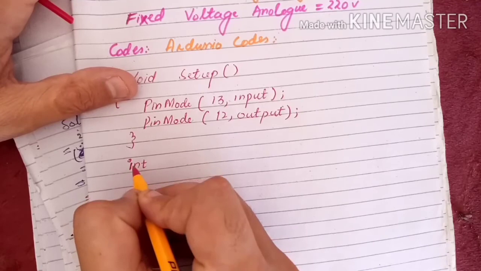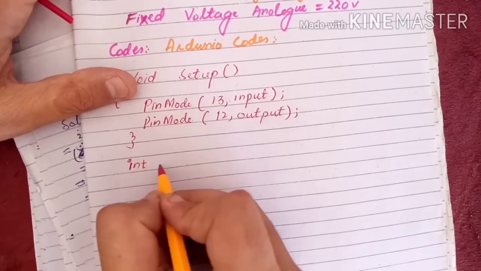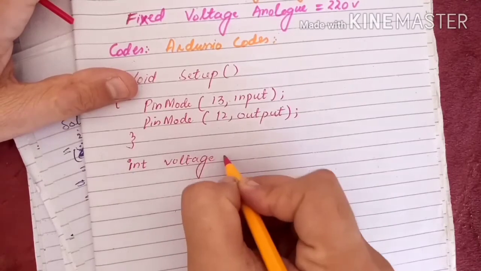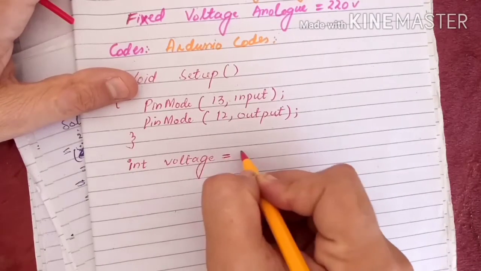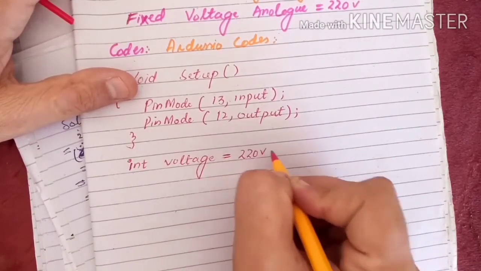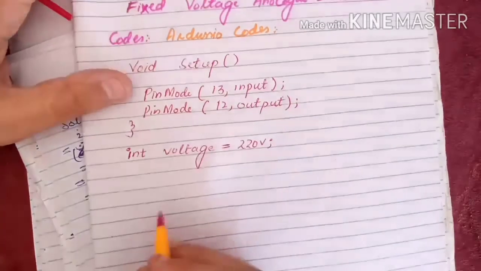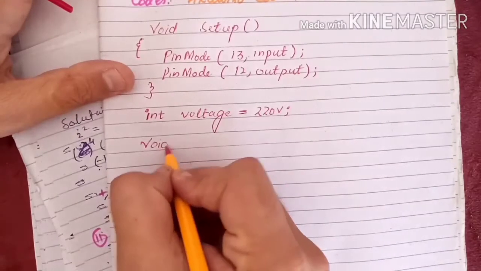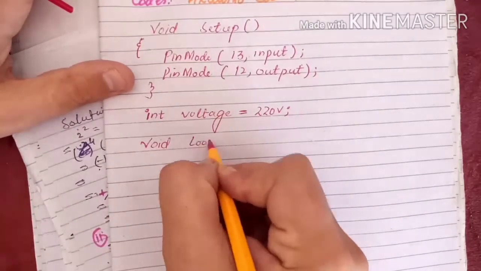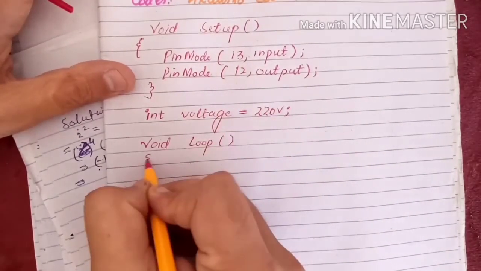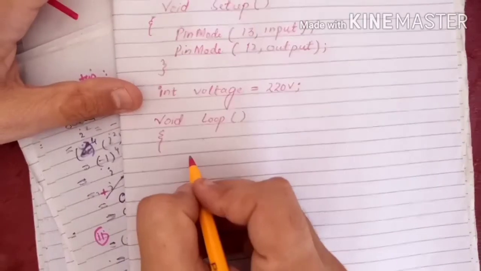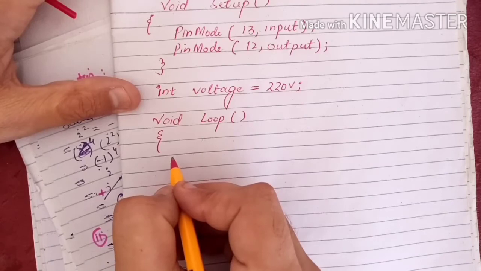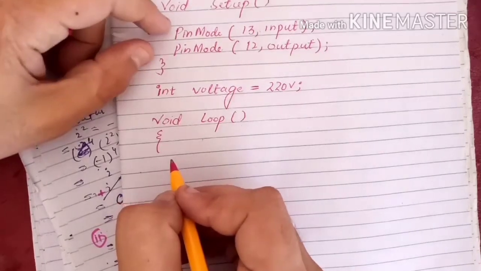Now I'm defining the variable. You should also have knowledge of local variables and global variables. I'm defining the voltage here as a global variable, and we have taken 220 volt. Now define the loop. This loop will iterate when the circuit gets started.